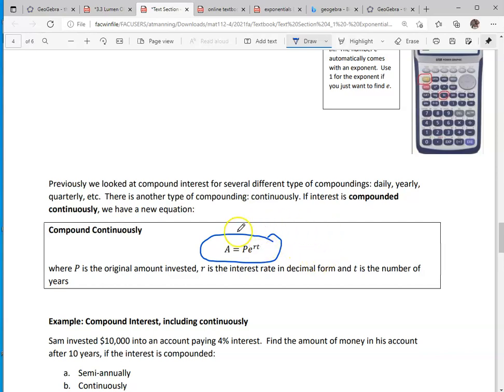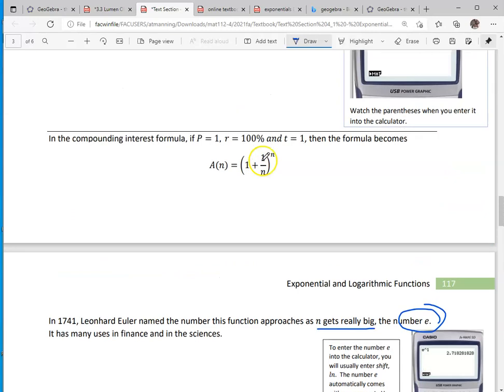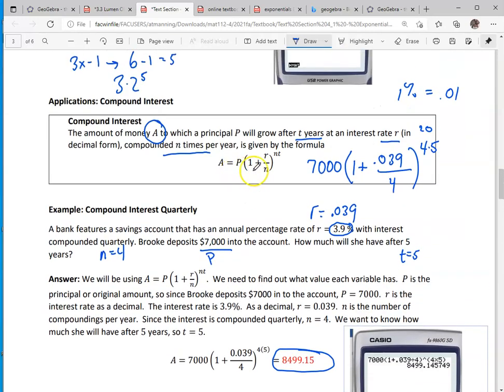All this to say is most banks are using continuous compounding. They want you as a customer because it gives you a tiny bit more money, and they use that as an advertising gimmick. E to the RT. Simpler formula than this. When I'm compounding it once a month or once every quarter, I have to use this formula.